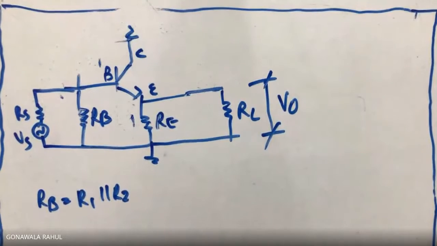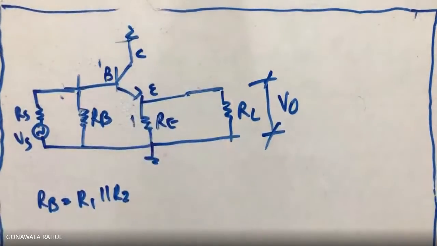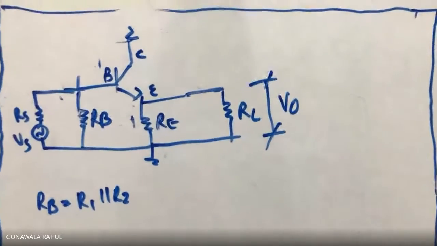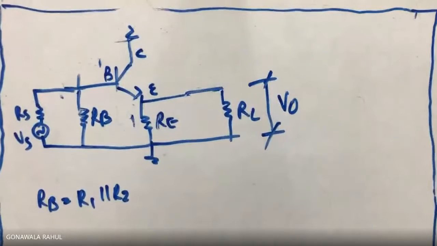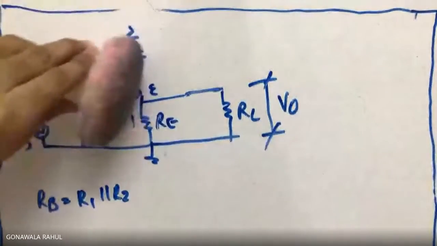Now, see, on the collector we do not have anything. So the collector is grounded. On the emitter we have RE and RL in parallel. So what I am doing now? See, I am changing the positions of collector and emitter.